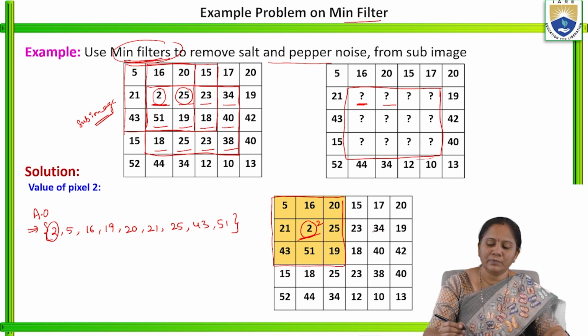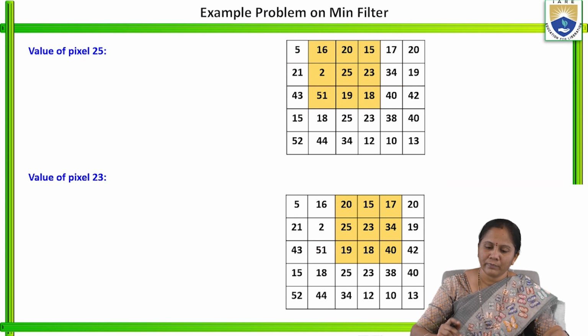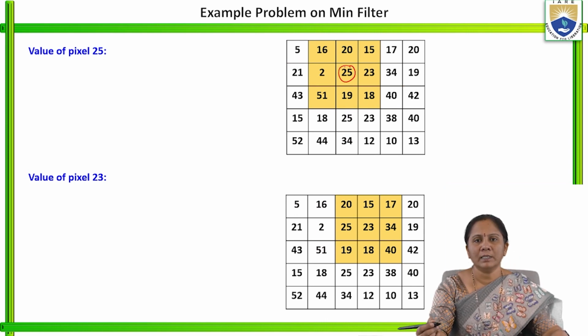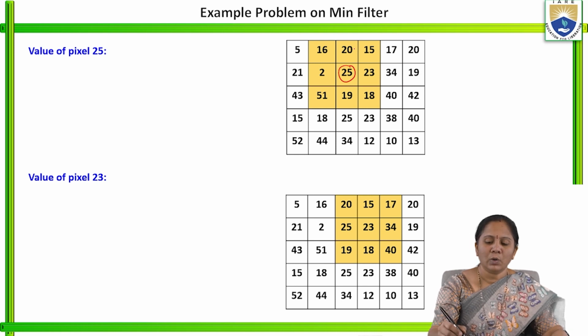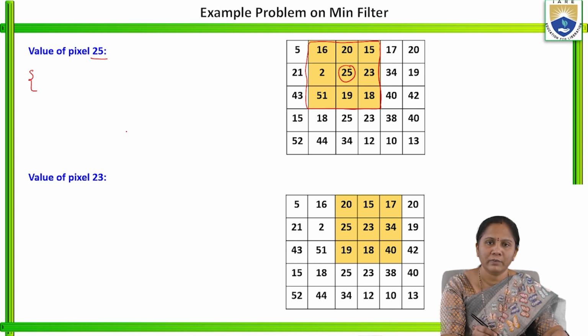Similarly, after shifting this mask towards the right, 25 becomes the center pixel value. Considering all these neighborhood pixel values, we arrange them in ascending order to find the new pixel value of 25.